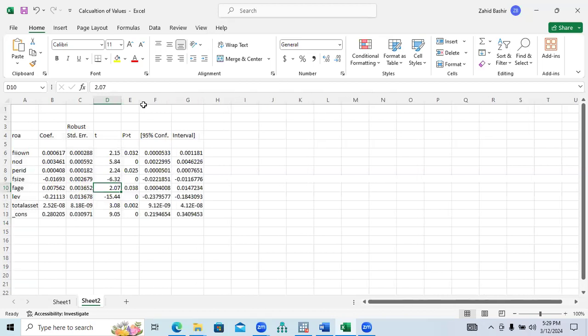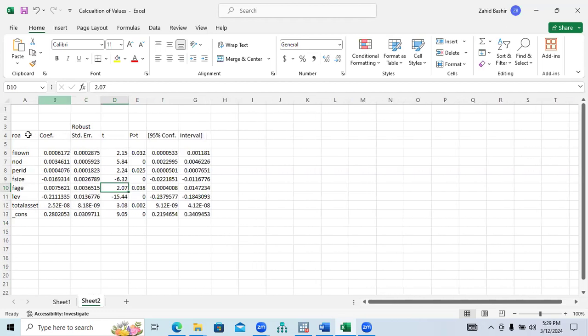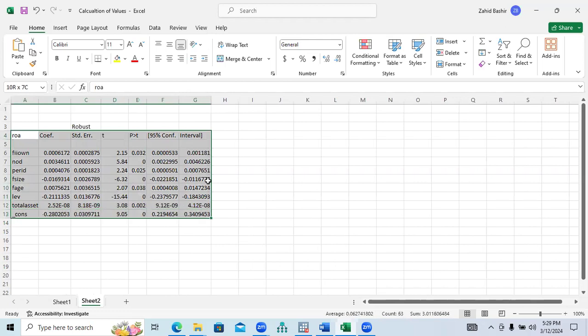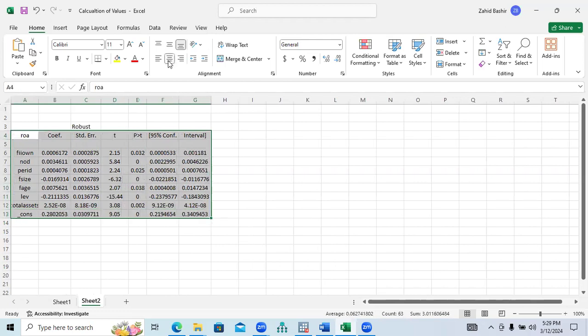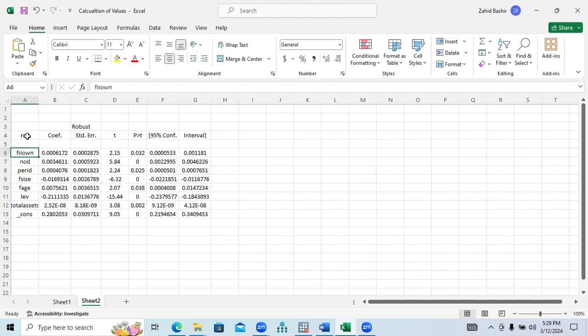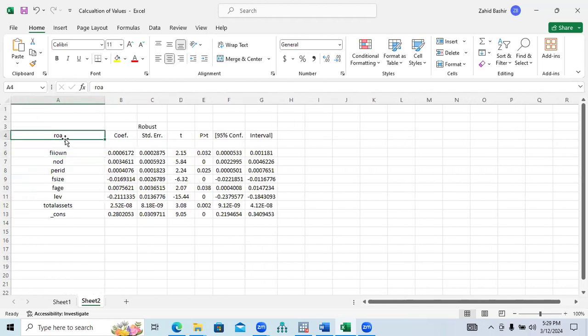So what you need to do, always remember that when you are creating an APA style of table, you need to put some editing here. So what kind of editing do you require here? You are seeing ROA in the first row.